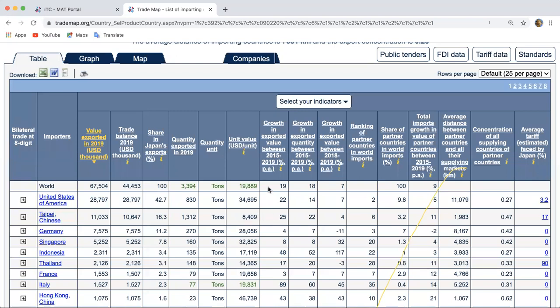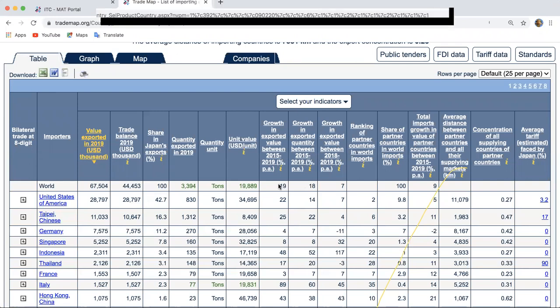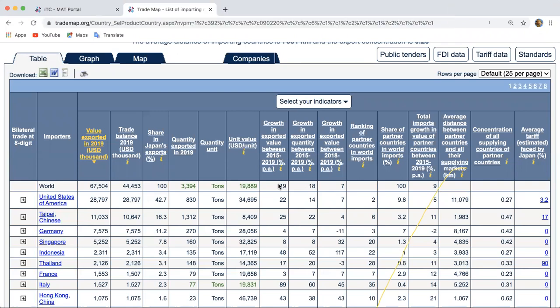Here we see the growth in value between 2015 and 2019. We see the growth in quantity in those 5 years, and we see again the growth in value in the shorter term. These numbers are the ones we saw in the previous table as well. Japan's exports of green tea grew by 19% on average in those 5 years.